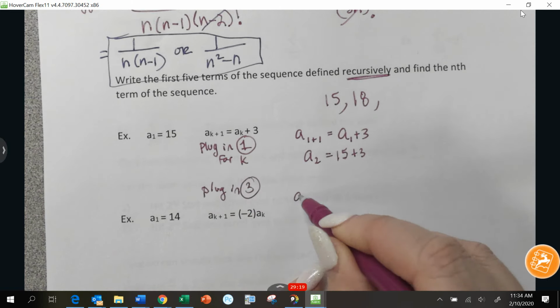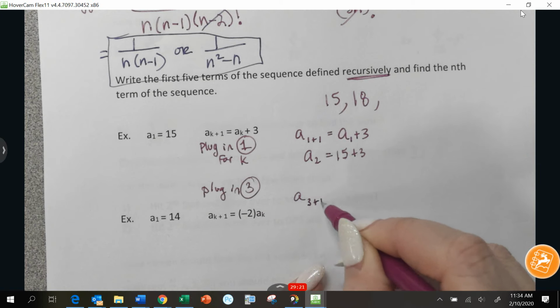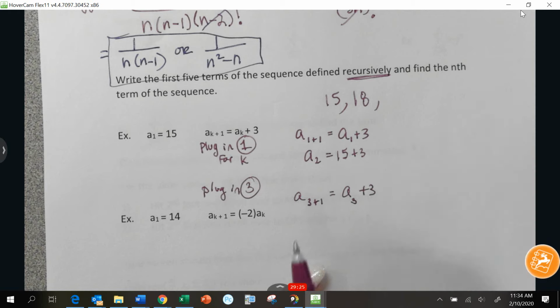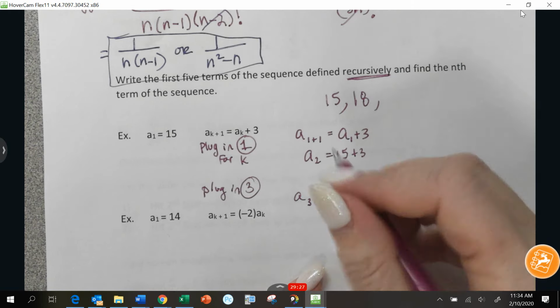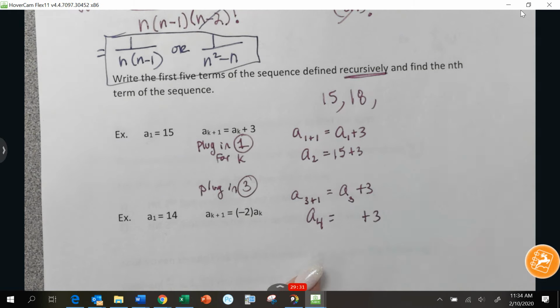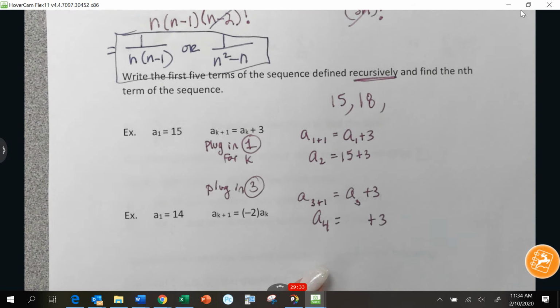I'm going to get a sub 3 plus 1 equals a sub 3 plus 3. So I'm going to get a sub 4 equals a sub 3 plus 3, but I don't know the third term. So what should I plug in? I should plug in a 2.